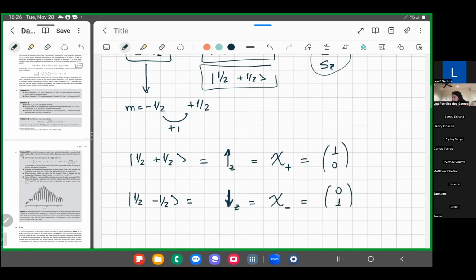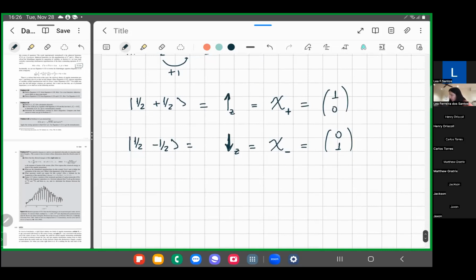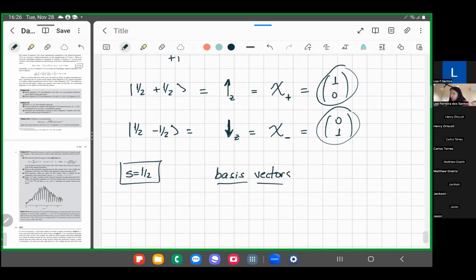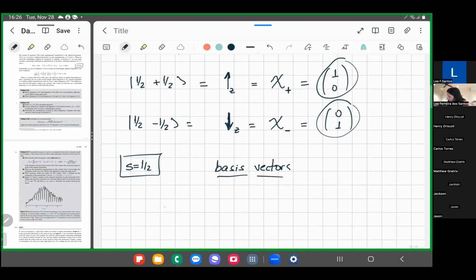That's what we're going to be starting from next class. Whenever we are trying to describe a spin half, like an electron, a proton, a neutron, we can use these two vectors as the basis vectors. So any general state of our spin half, I'm going to call it chi, will be a linear superposition of those two basis vectors.